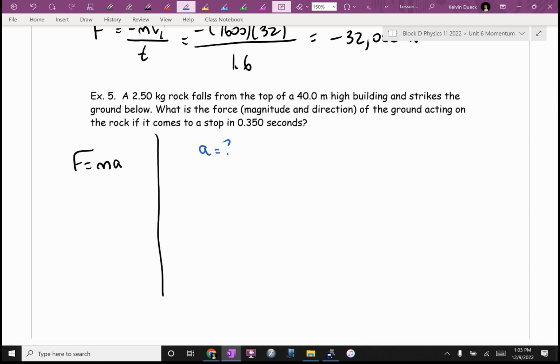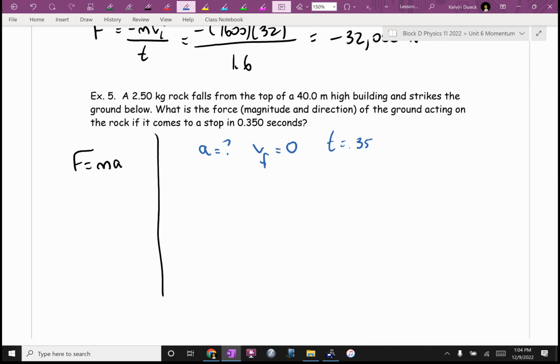What's VF? What's that 0.35? Can I use that D equals 40? Is that the stopping distance? No, that's the falling distance.